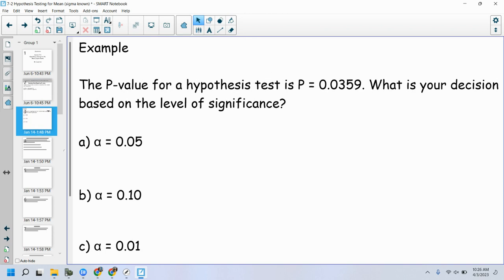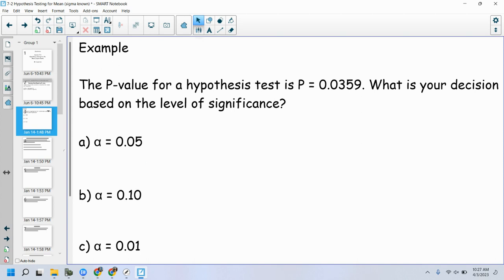So for example, the p-value for a hypothesis test is 0.0359. That will come from the table. It's a 4-digit decimal that'll come from our z-score table, and we'll talk about how we compute that pretty soon. So the p-value for a hypothesis test is 0.0359. What is your decision based on the level of significance? If the level of significance is at the 0.05 level, do we reject the claim?